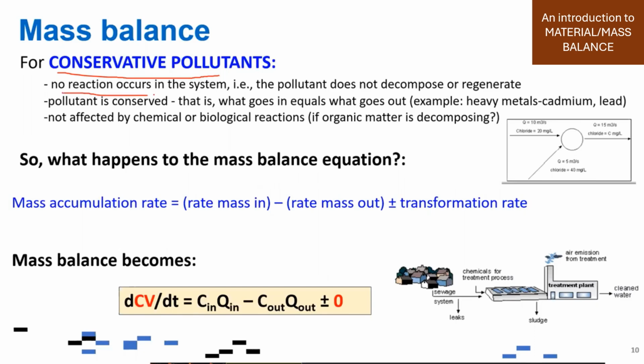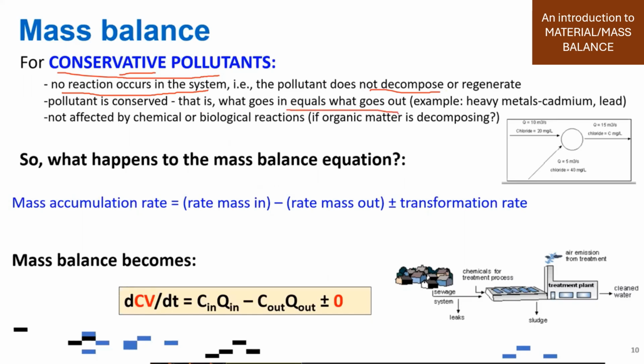It means that the pollutant does not decompose or regenerate. It doesn't add or degrade. That's why it is termed conservative. The amount is conserved. It's the same. So what goes in equals what goes out.